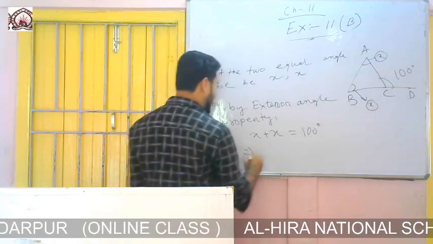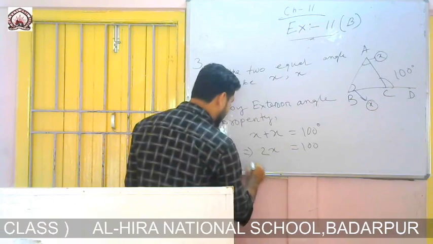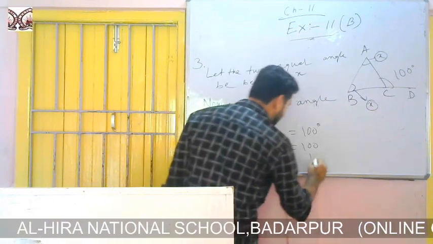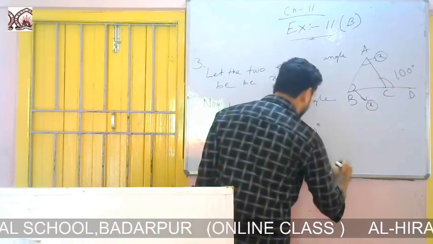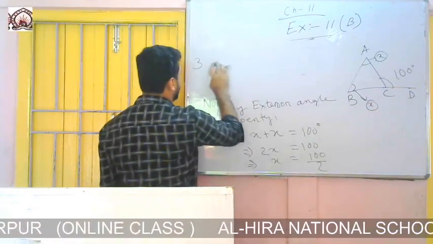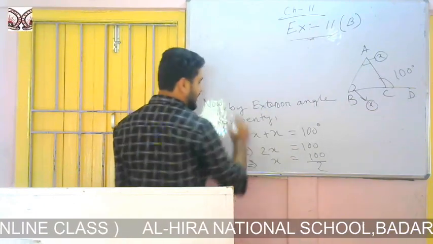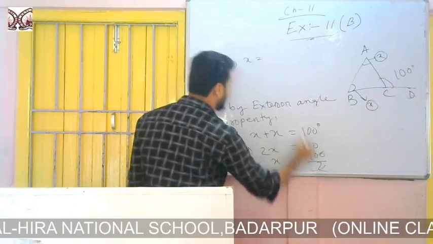Then if I add, I will get twice x equals 100 degree. Then x equals 100 by 2. If I cancel, then I will get x equals 50 degree.